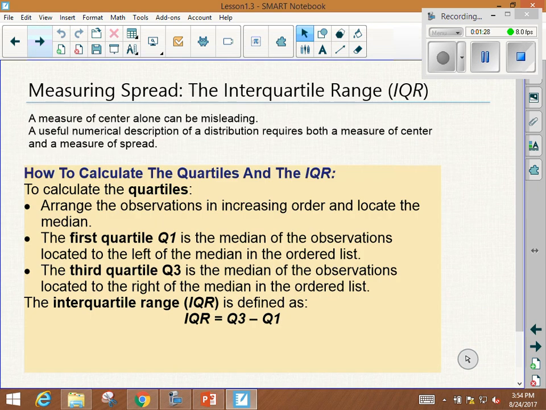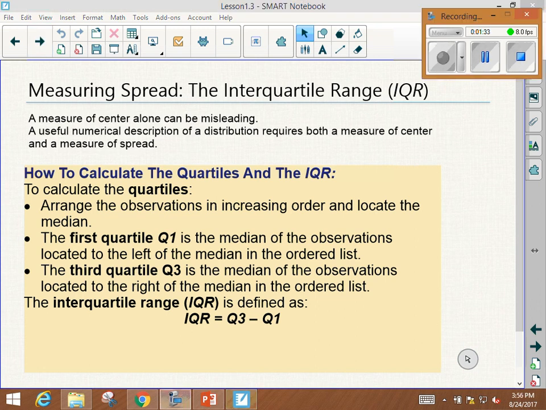We talked about how to calculate the quartiles and the IQR. So you have all of these things probably written in your notes already. If you need to take a moment to look at this, pause the video, write this stuff down if you don't know this stuff.